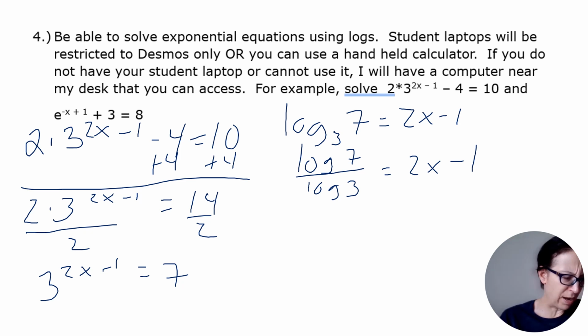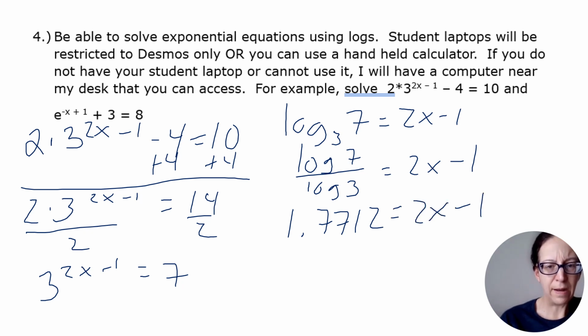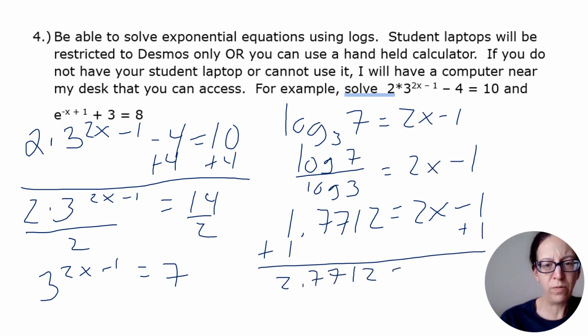I think I'm going to do log base 3 of 7 because I think it's easier, because I'm doing this on my phone. It gives me 1.7712. And then I will add 1 to get 2.7712 equals 2x.